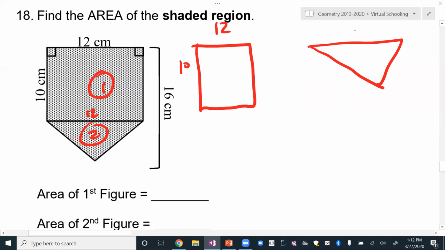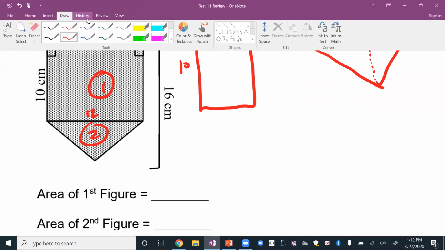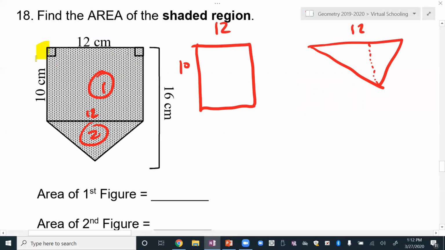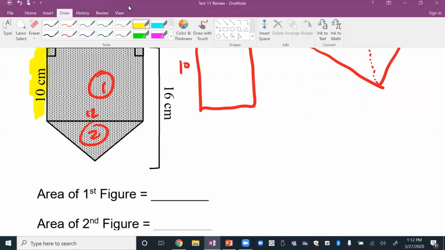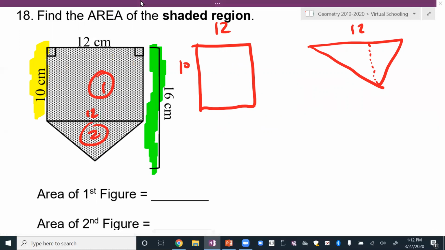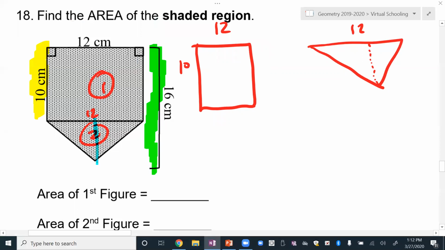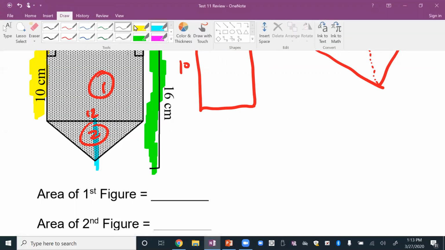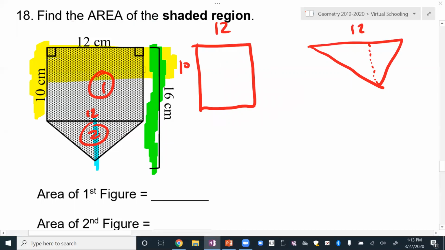If I'm looking for this figure here, and I know this is 12, and I'm looking for the missing height here, then I don't know what it is, so just use your information that you already know. So I can identify that this here is going to be 10. And if this here represents 16, I know that this missing part here then is going to be 6, because this 10 goes all the way that way.